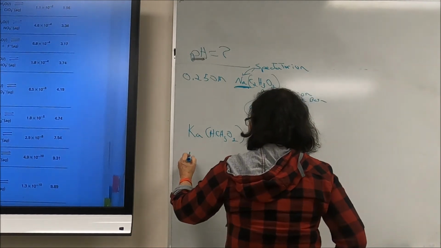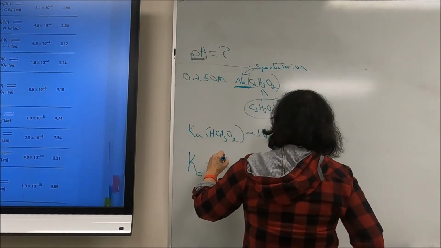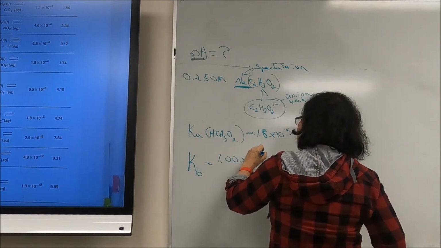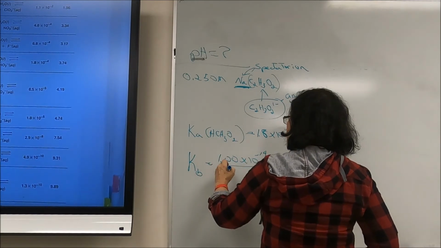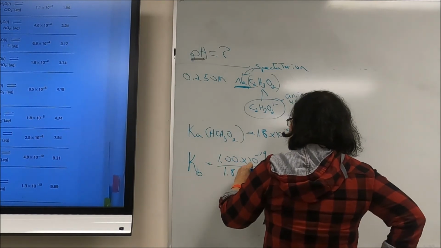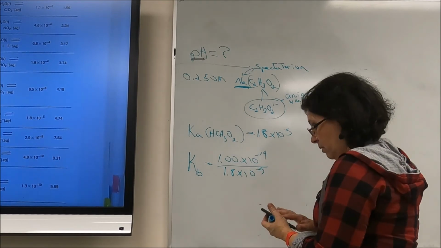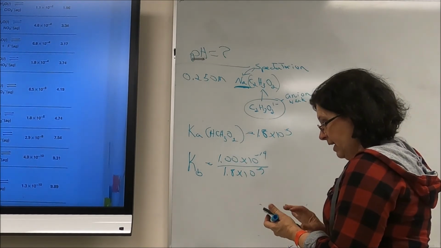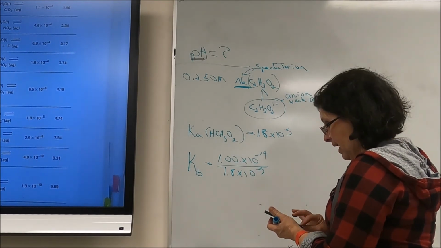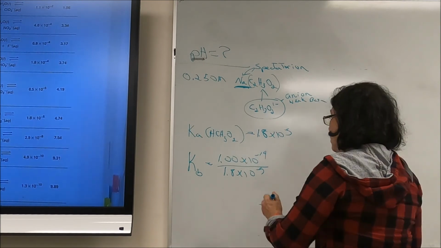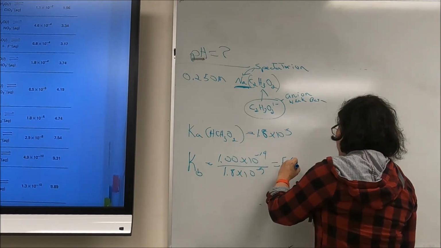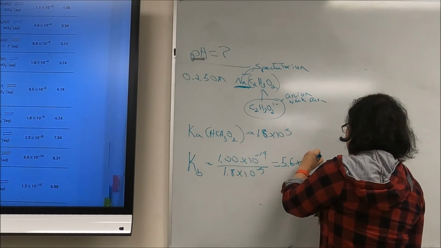That means that Kb is just going to be 1.00 times 10 to the minus 14 divided by our Ka, 1.8 times 10 to the minus 5. So that gives me a Kb of 5.6 times 10 to the minus 10.